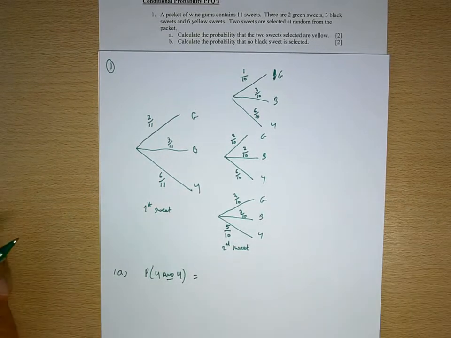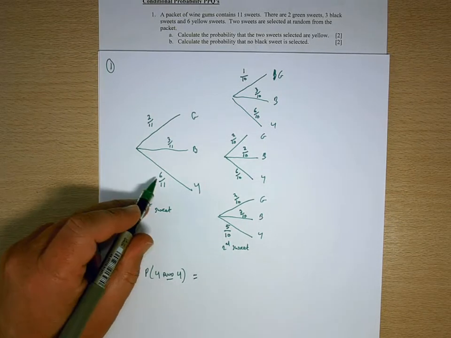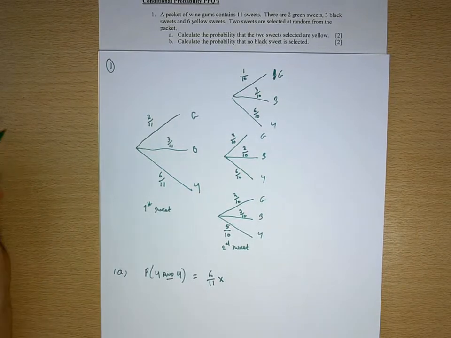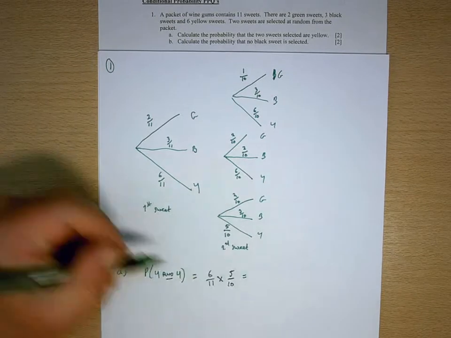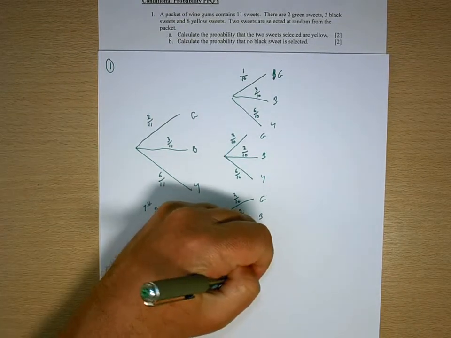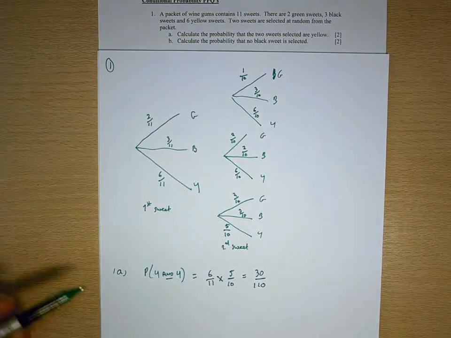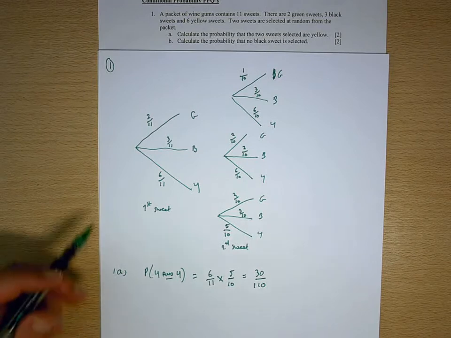When you find yourself using the word and in probability, you multiply the probabilities together. So the first one yellow, 6 out of 11, times 5 out of 10 will give us 5 6s, 30 out of 110. And you can cancel that down, but often it's easier to leave it as it is.